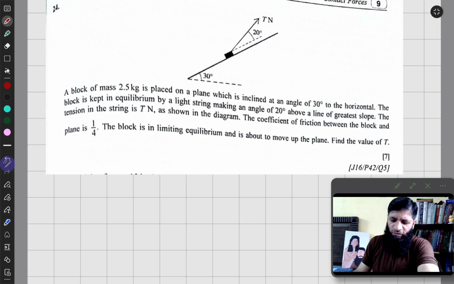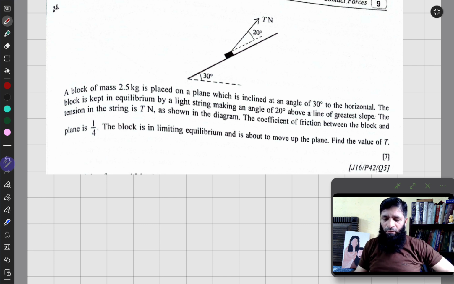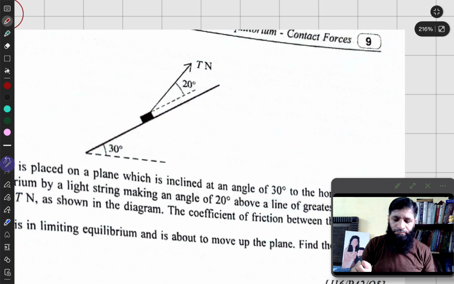All right, look at this question. Again, you have an inclined plane, and let's resolve all the forces parallel to the movement and perpendicular to the movement. Look at this diagram.